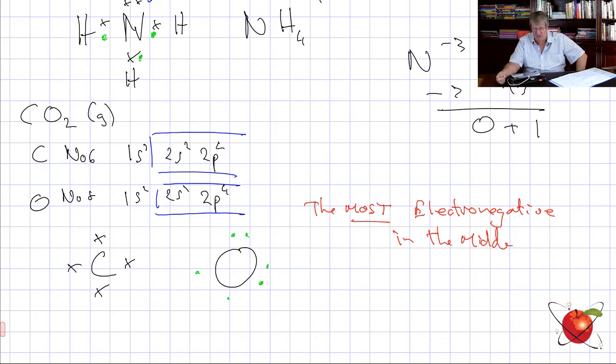That's generally how we approach it, okay? In this case here, let's have a look. Carbon 2.5, oxygen 3.5. So that's not going to work in this case, is it?